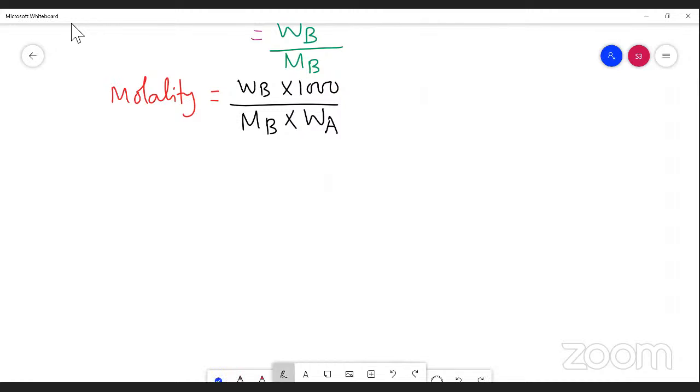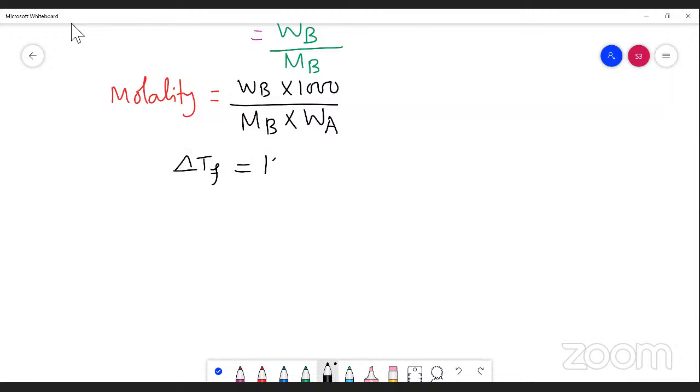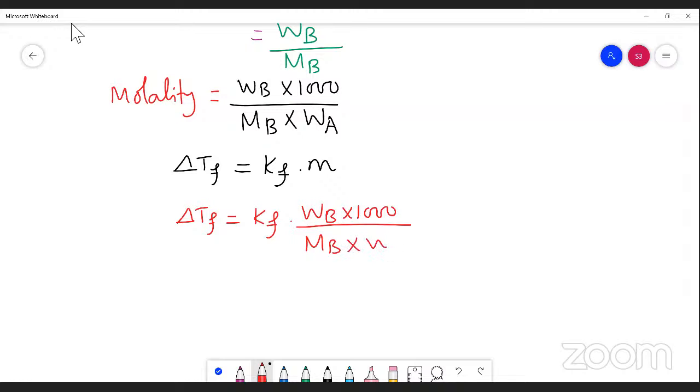Del TF is nothing but Kf into M, where M is the molality. Substituting, del TF equals Kf into WB into 1000 divided by MB into WA.